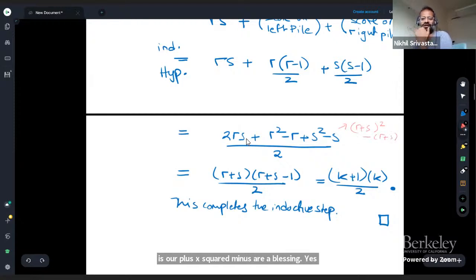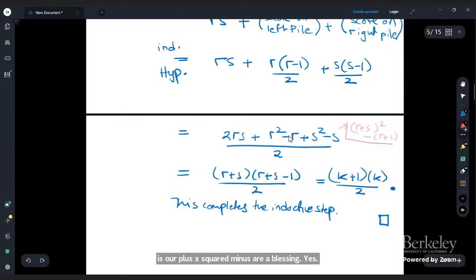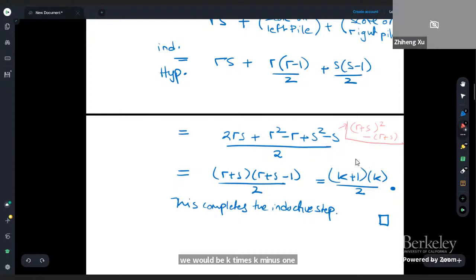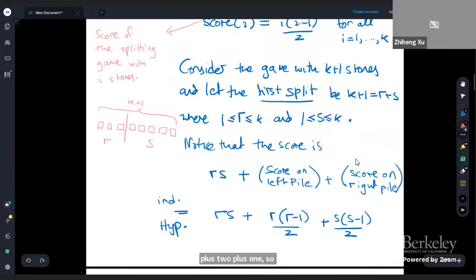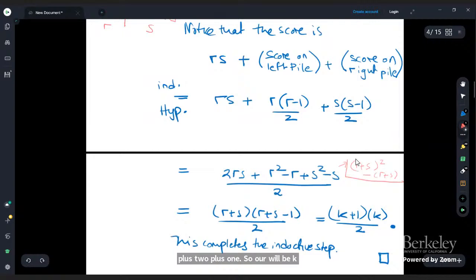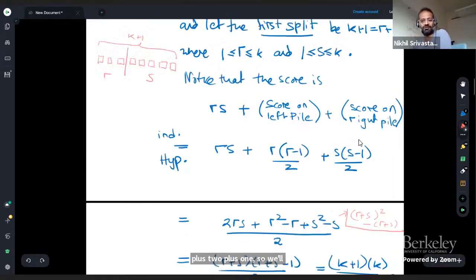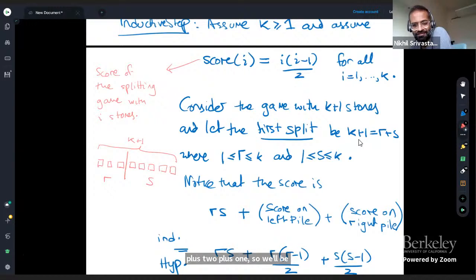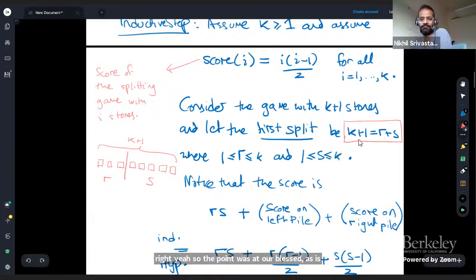So I think what I wrote is correct, actually. Wait, but that would be k times k minus 1. Oh, never mind. Okay. Right. So the point was that r plus s is actually k plus 1. Maybe that was your confusion. Yeah.